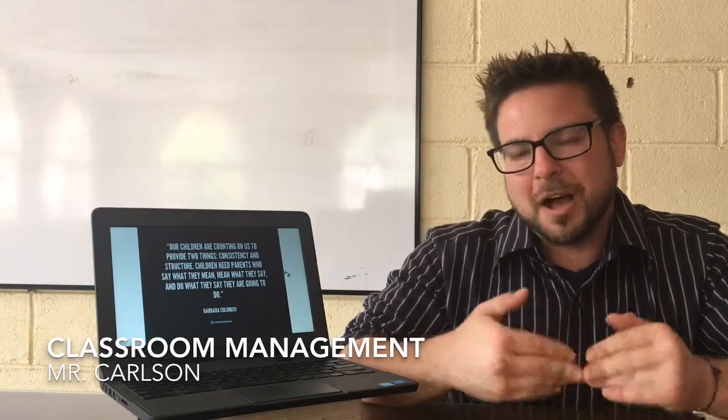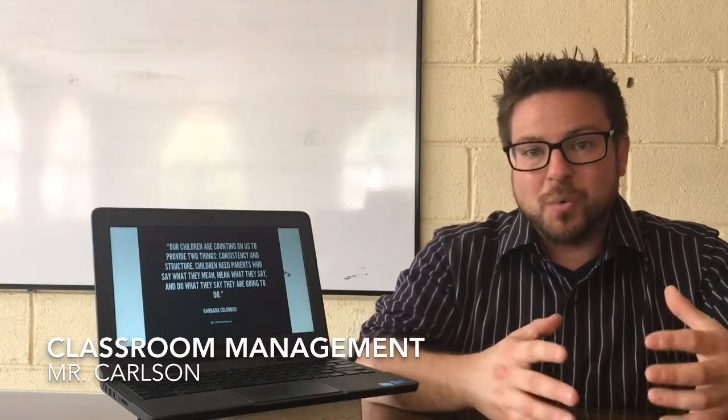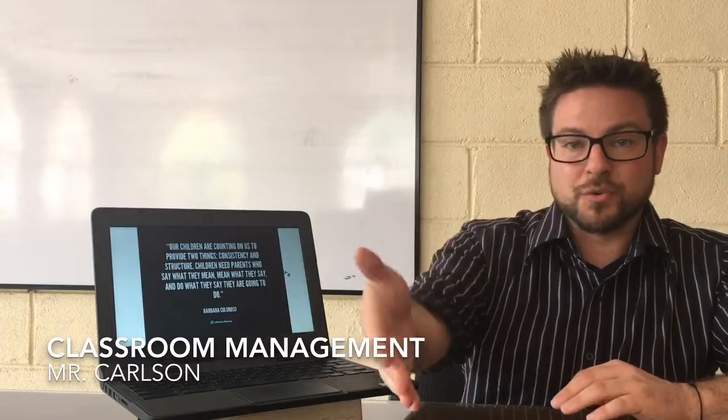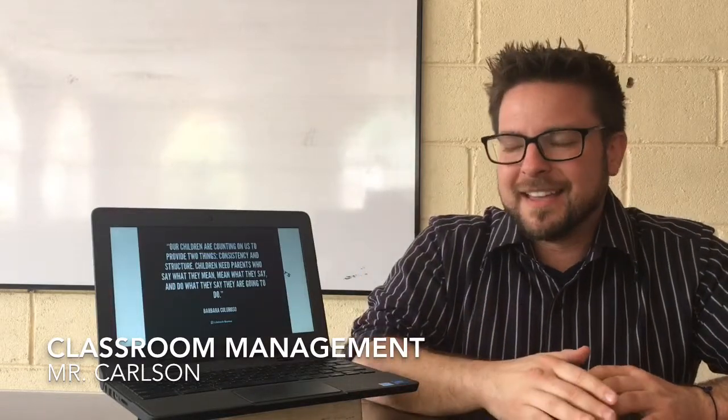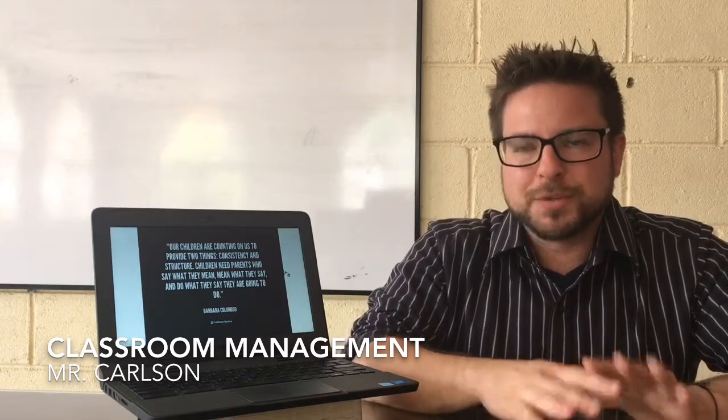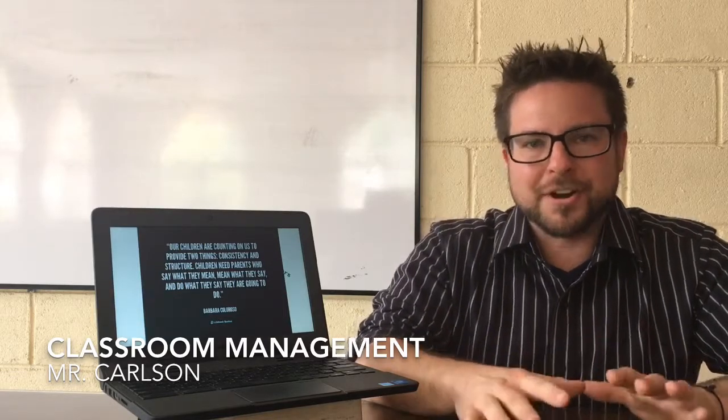Students want to know what is expected of them at school, and they want to know realistically, if they don't abide by the rules or by the procedures, what is going to happen. If they know what's going to happen and we are consistent and actually follow through with what we say, it will help our classroom management so much, and it will help students learn better.